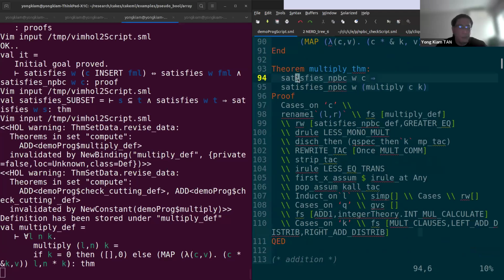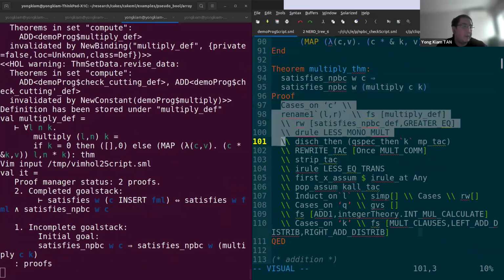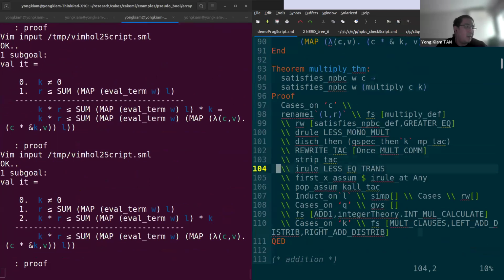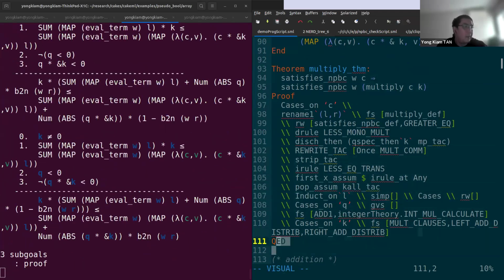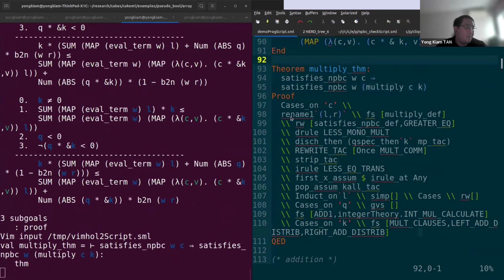The proof is essentially walking through the mathematics, making sure that everything holds. So it looks something like that. I've just copied this from the main file.